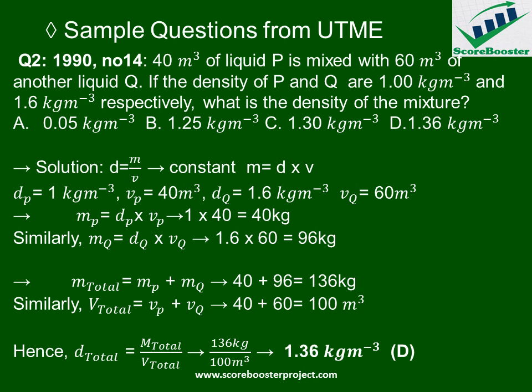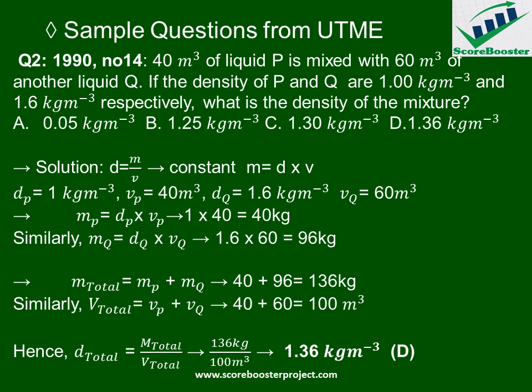Now the total mass represented by m total here will be the mass of liquid P plus mass of liquid Q, and that will be m total equals mp plus mq, giving us 40 plus 96, and that will be 136 kg.